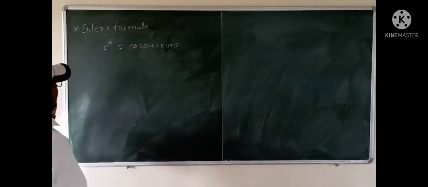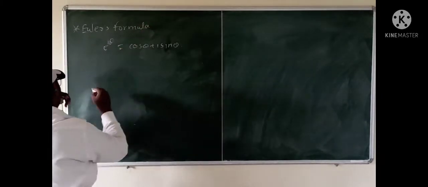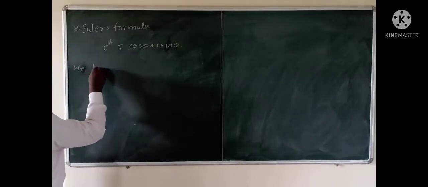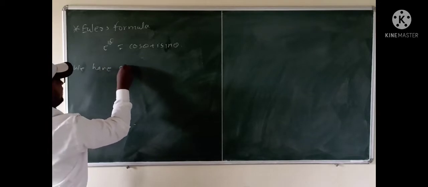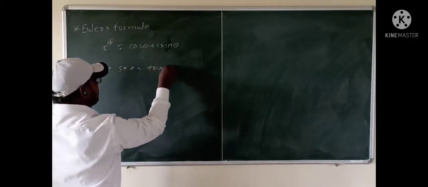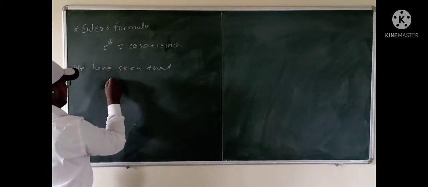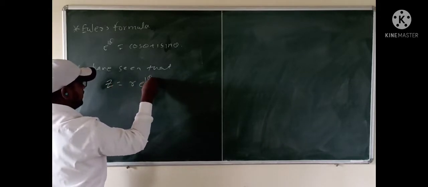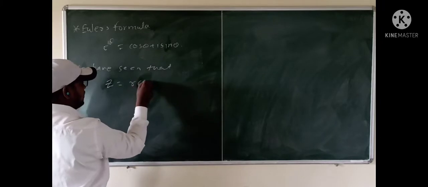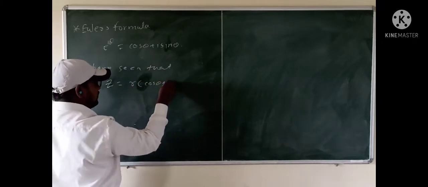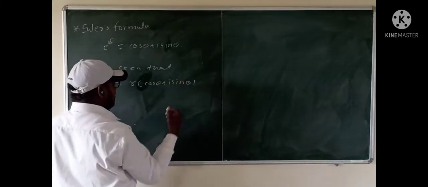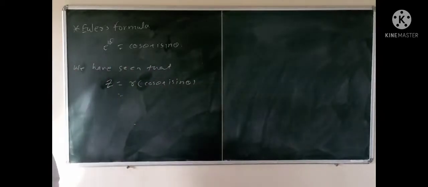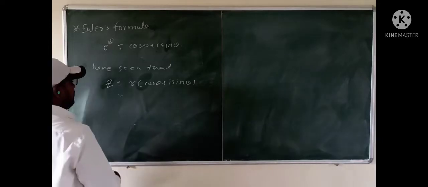This Euler's formula we can use in complex numbers, as we have seen that the complex number z can be written as r cos theta plus i sin theta. This bracketed term is equivalent to Euler's formula, or the exponential form.